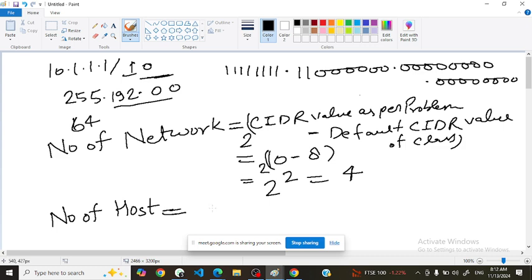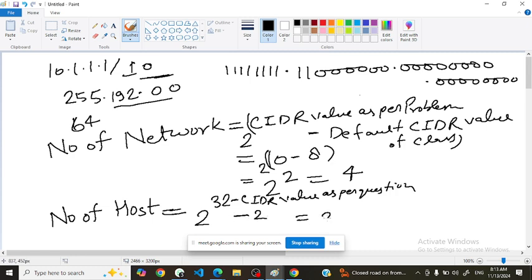So the number of hosts will be 2 to the power 32 minus the CIDR value as per the question, minus 2, which is 2 to the power 32 minus 10, minus 2.